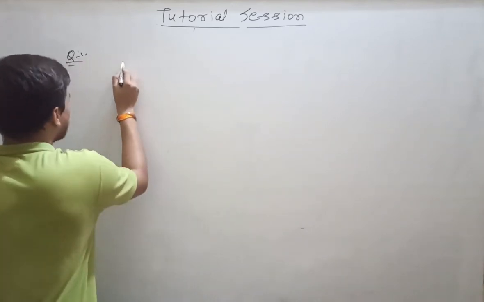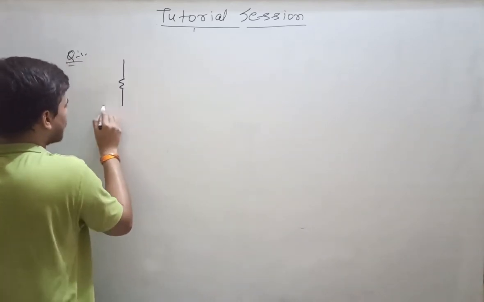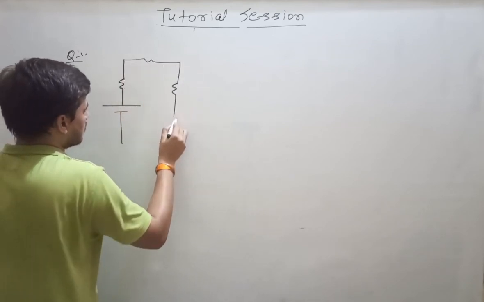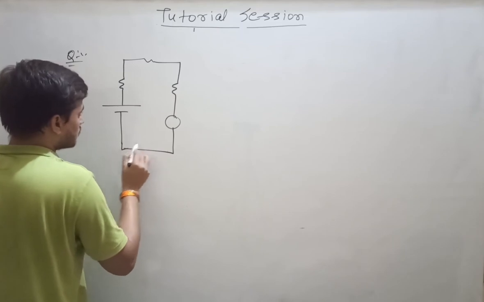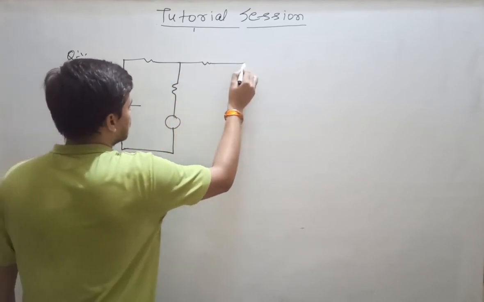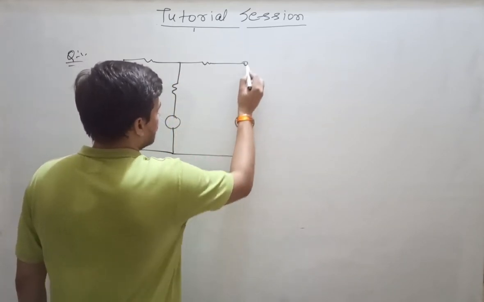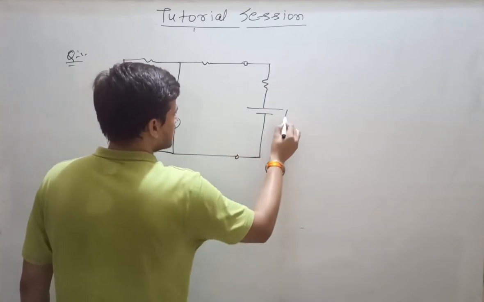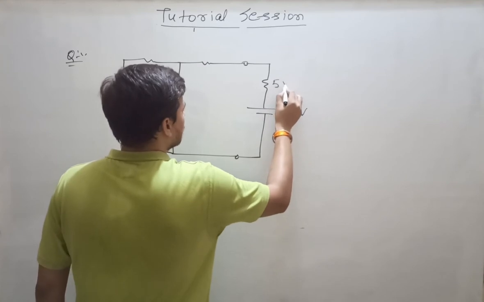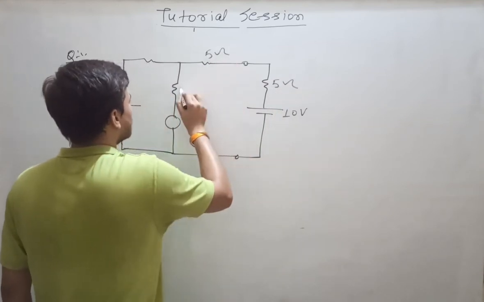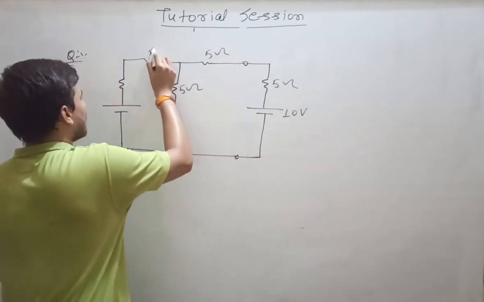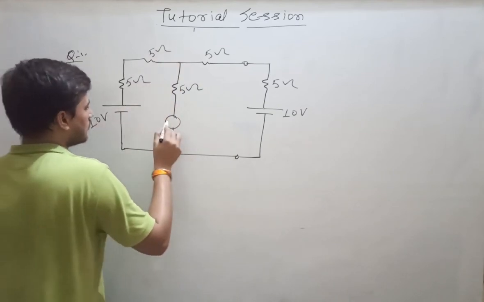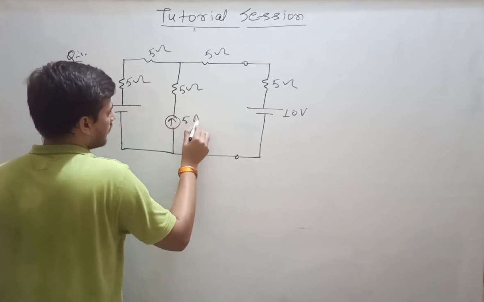If you are having a voltage source, this is the current source. Now if somebody is giving you the circuit like this one, this is 10 volt, this is 5 ohm, 5 ohm, 5 ohm, 5 ohm, 5 ohm, this is 10 volt, this is 5 ampere.